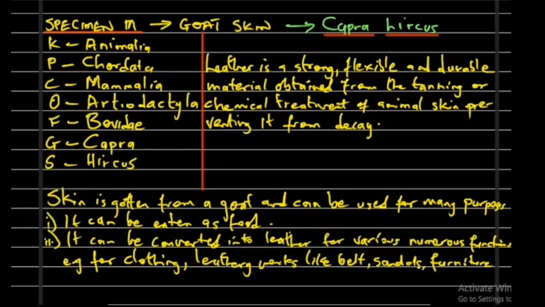So we have different types of leather, like full grain leather, top grain leather, genuine or premium leather, split grain leather, and the rest of those.